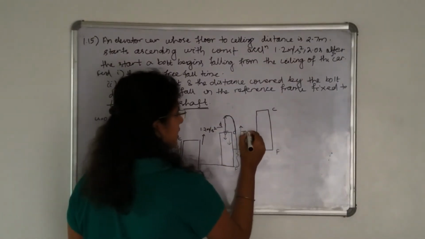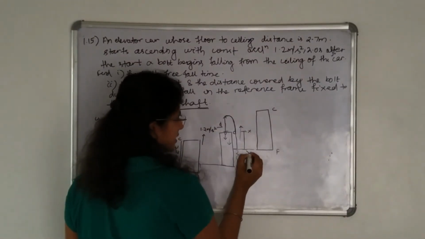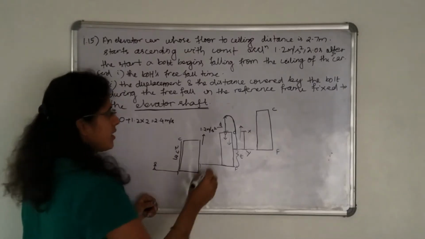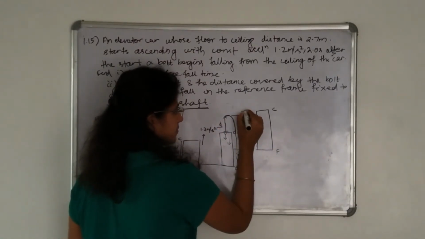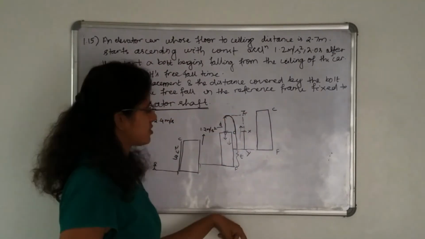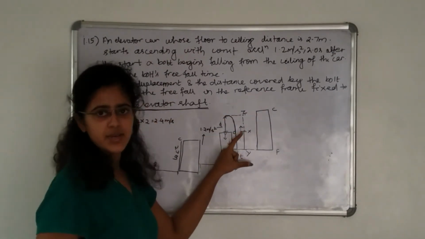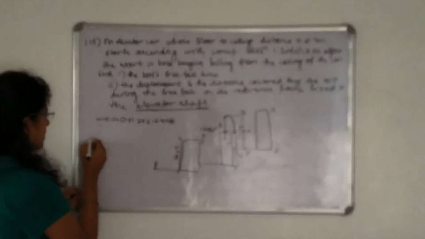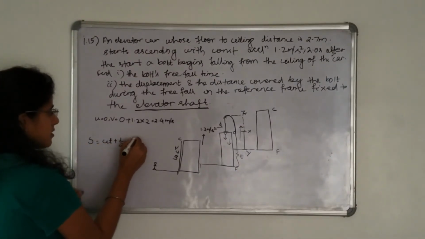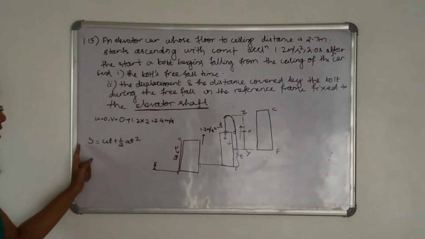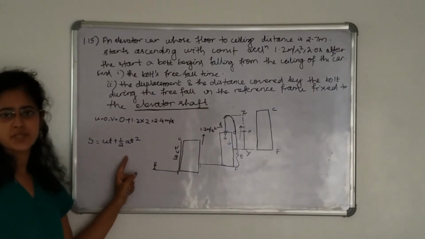So it is F and it is C. Let us take this point is X and this point is Y, and this point is Z. So the displacement is how much? XY. So S is equal to ut plus half at square. Remember one thing, this formula always tells you about the displacement.